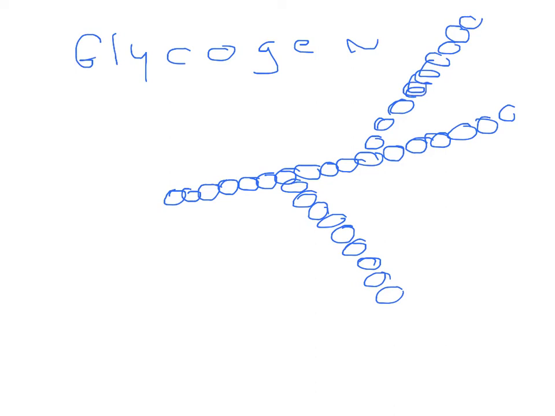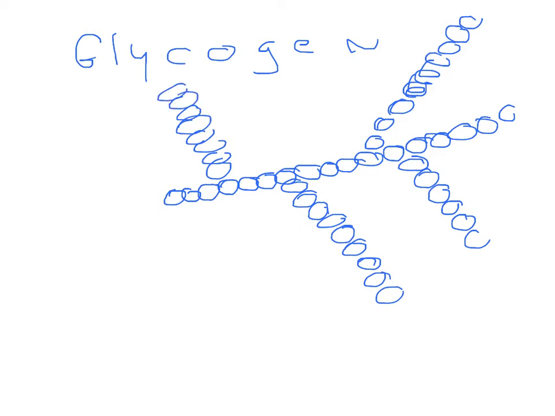Each of these circles represents a glucose molecule. Now, if I'm going to break down this glycogen, I have to get it down to monosaccharides to be absorbed. So I need to break every single one of these bonds to absorb the glucose molecules.